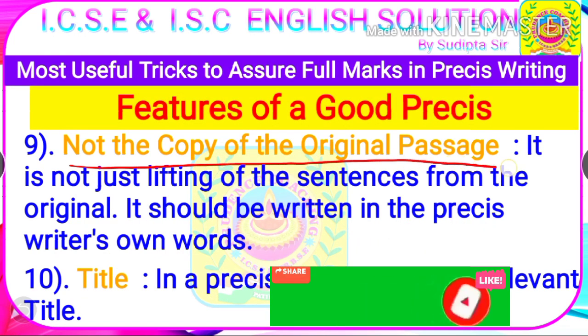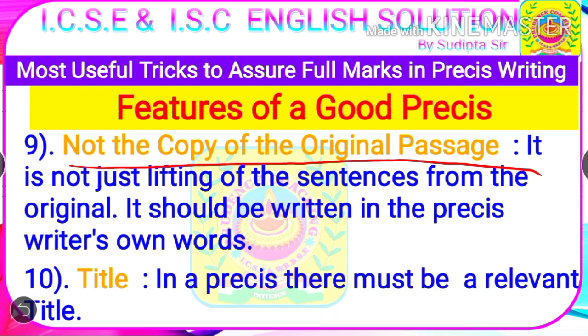That means in a good Precis, we will not be lifting sentences from the original text. It should be written in the Precis writer's own words. The last is its title. In a Precis, there must be a relevant title. Without the title, a Precis is meaningless. So now we have discussed the 10 most important features of a good Precis.